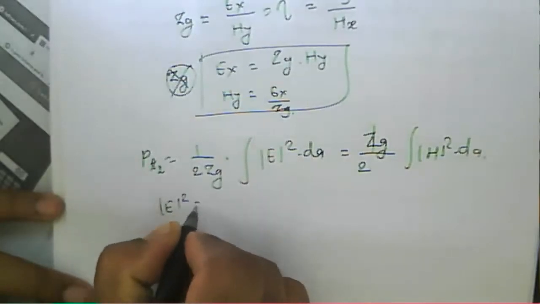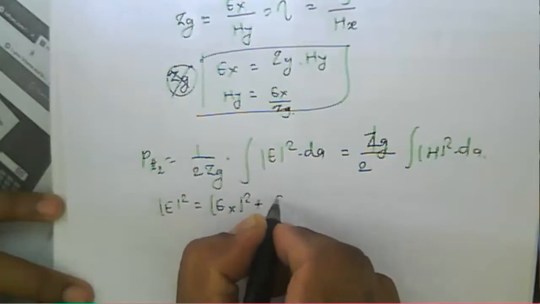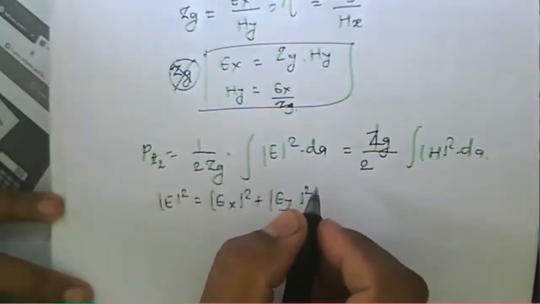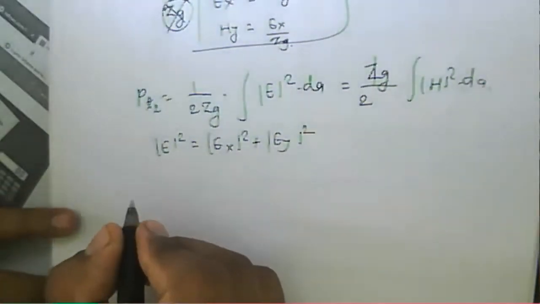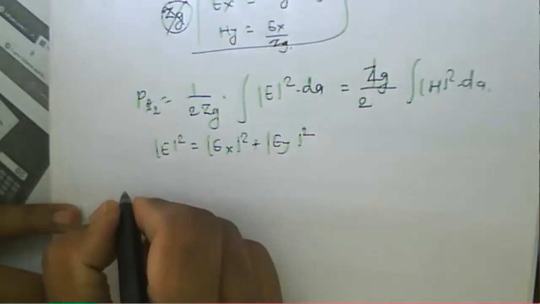Because we know that E square is equal to Ex square plus Ey square, and similarly we can find H. So we obtain the field components directly.